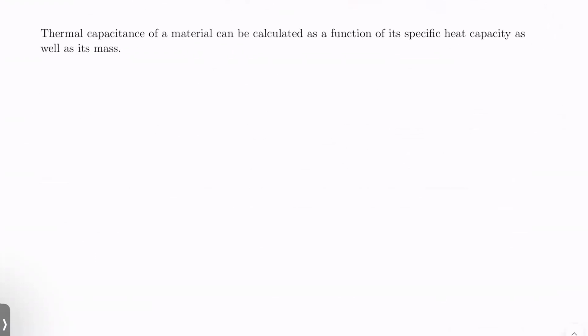All right. Thermal capacitance of a material can be calculated as a function of its specific heat capacity as well as its mass. So if we have the ability to store thermal energy, it's going to look like this. In a thermal system, we have our little block of material here.